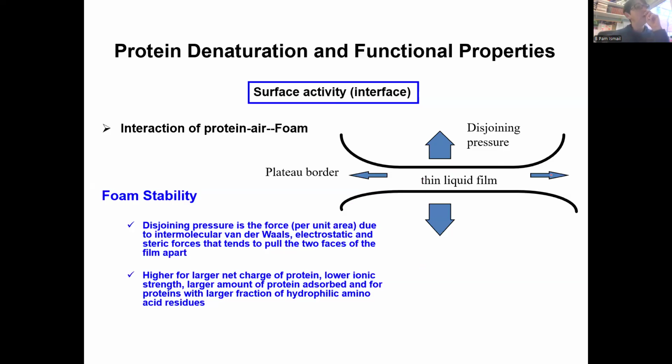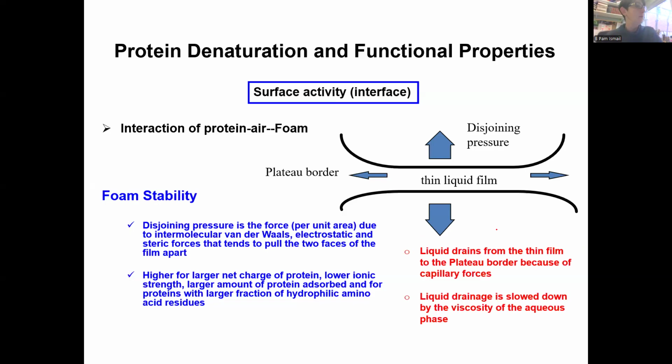Then you have the continuous phase, and you always have thinning of that phase that might cause those bubbles to coalesce. However, the viscosity of the continuous phase helps the bubbles stay separated longer. Instead of the liquid draining, it slows down if the viscosity is a little higher. And this is exactly what I just said about the disjoining pressure.